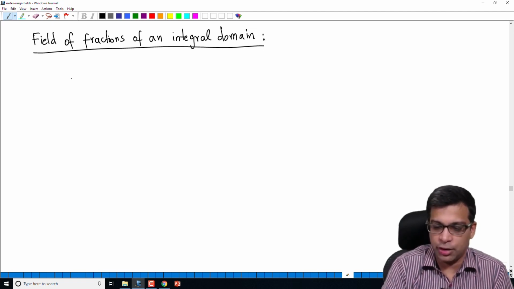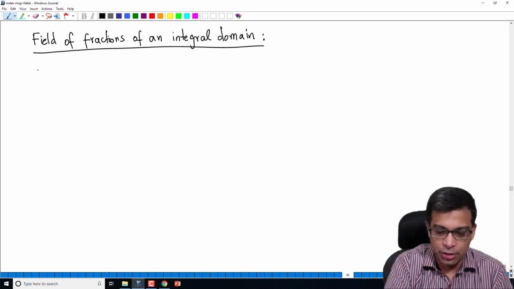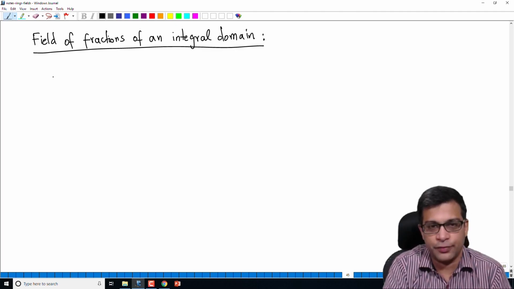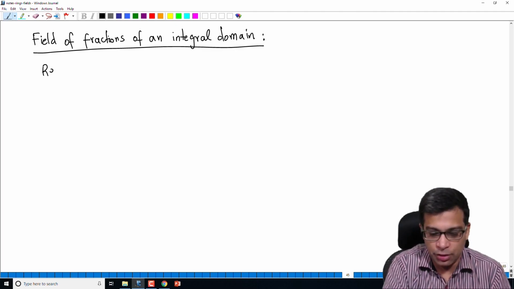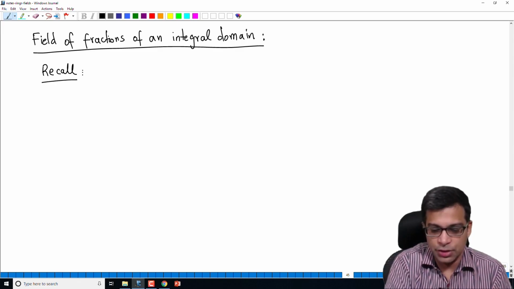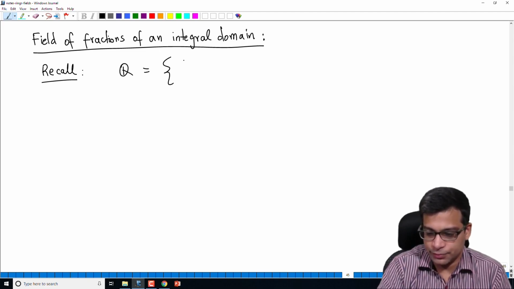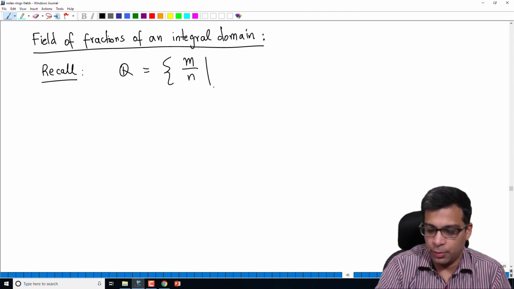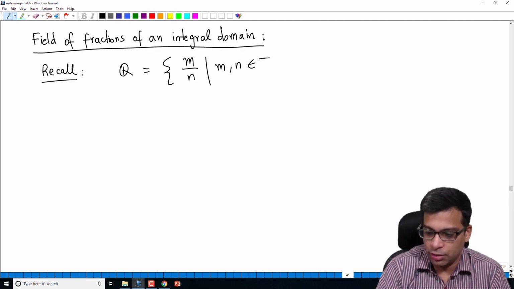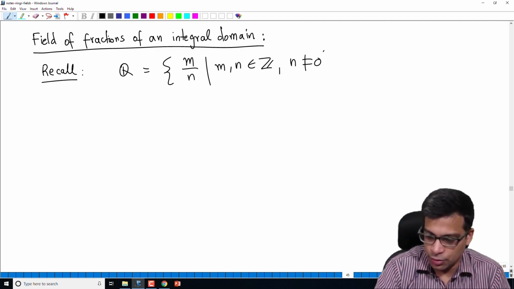Before I define this in general for an integral domain, let's recall the construction of rational numbers from the ring of integers. So Z, remember Q is all elements of this form M by N, where M and N are in Z and N is not 0.